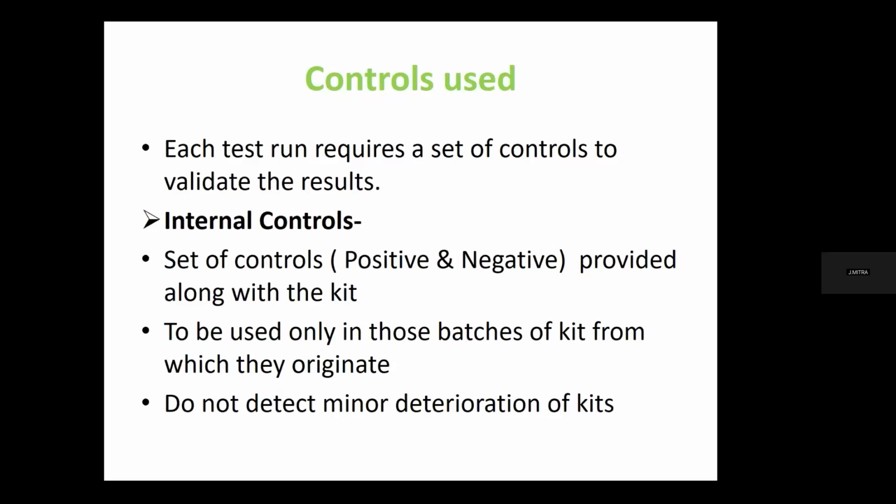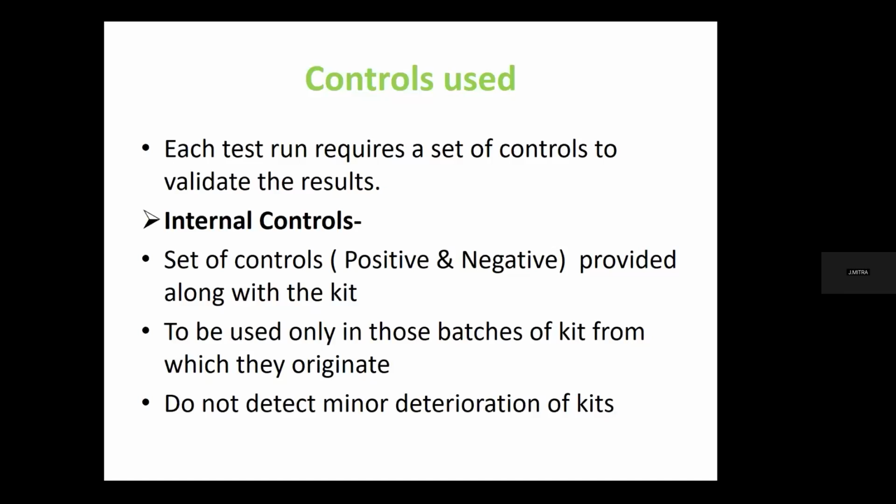So to run a test, to run a procedure, we need controls. Each test run requires a set of controls to validate the test results. There are two types of controls used: one is called internal controls, and the other is external controls. Internal controls can also be called kit controls, because they come with the kit provided.